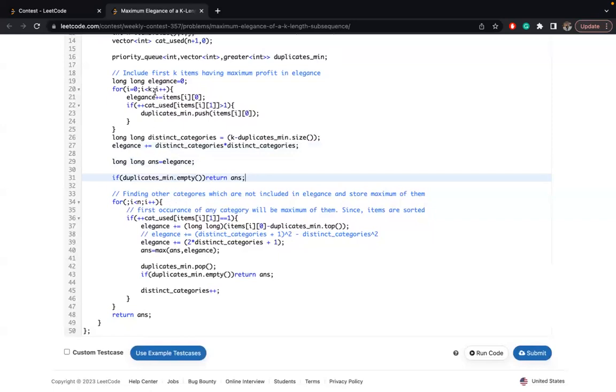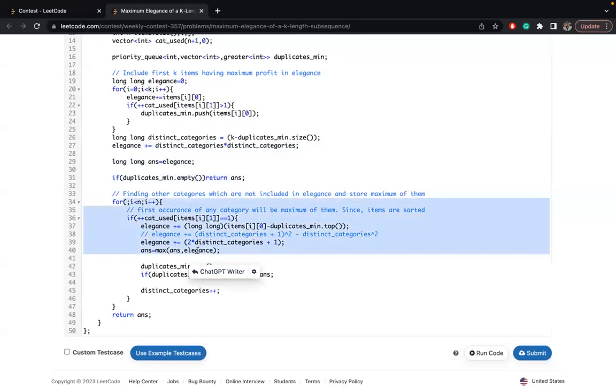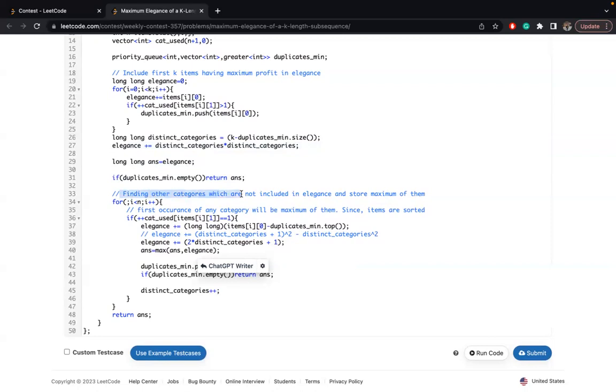Otherwise, I have to look for all other items which I have not used yet. Till k I have used. For the next items, which will obviously be lesser items than the already used ones, because items are sorted in decreasing order, I am now checking the lesser items. Let's read the comment here: finding other categories which are not included in elegance and storing the maximum of them.